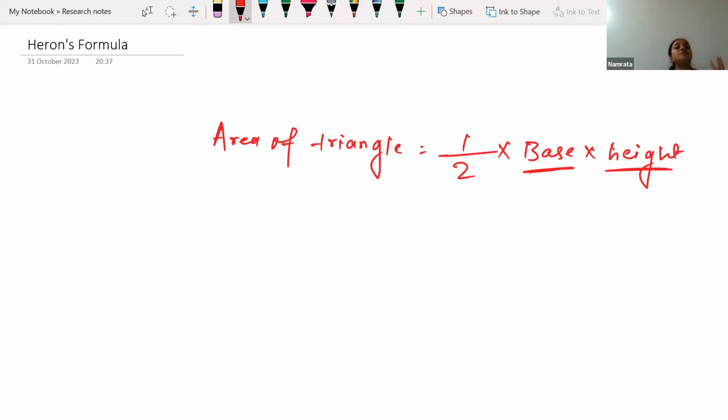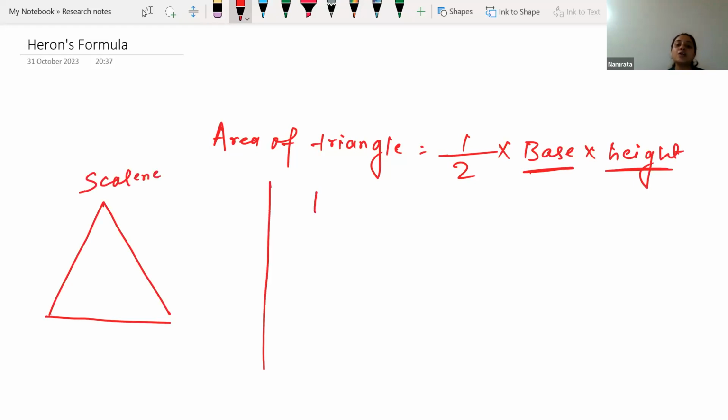We already know we have three categories of triangle. The first category is the scalene triangle, where all the sides are different. The second one is the isosceles triangle. And the third one is the equilateral triangle.